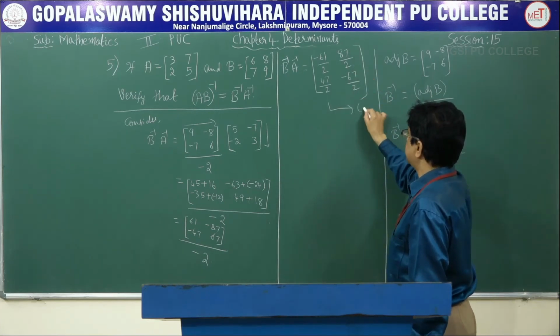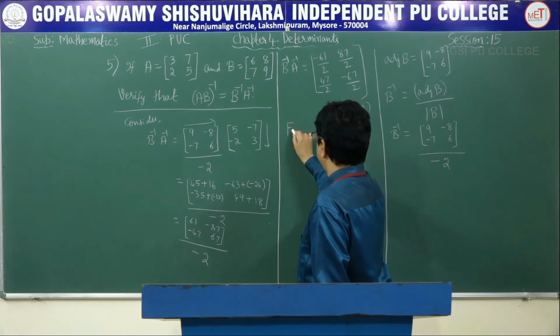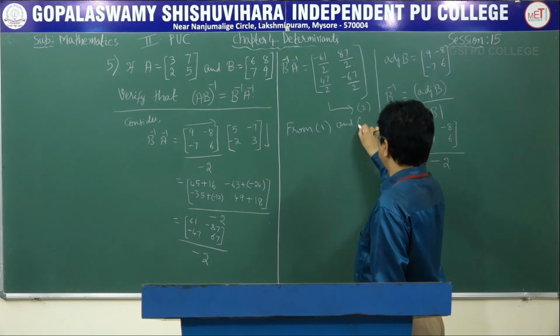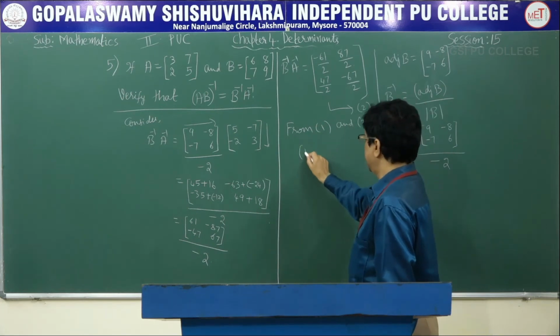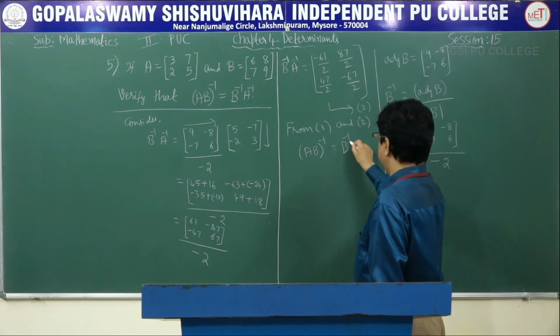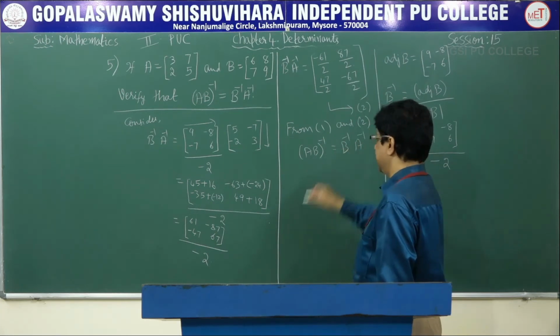We call this as 2. From 1 and 2, AB whole inverse will be equal to B inverse A inverse.